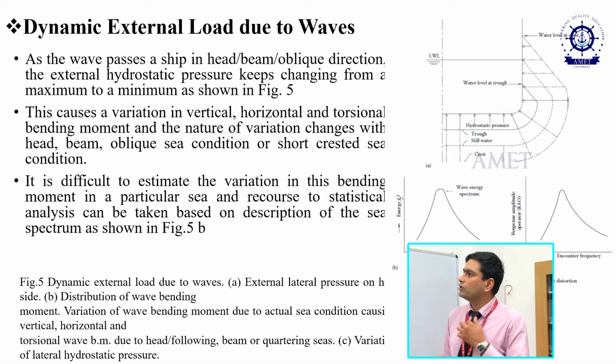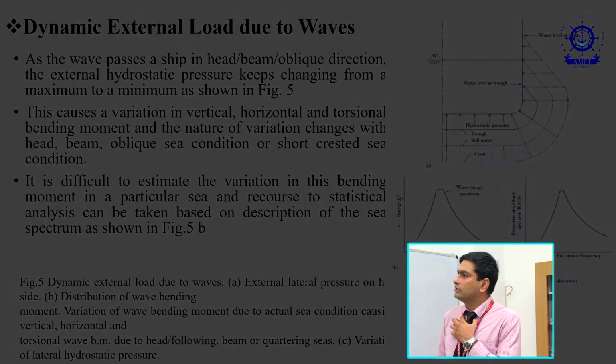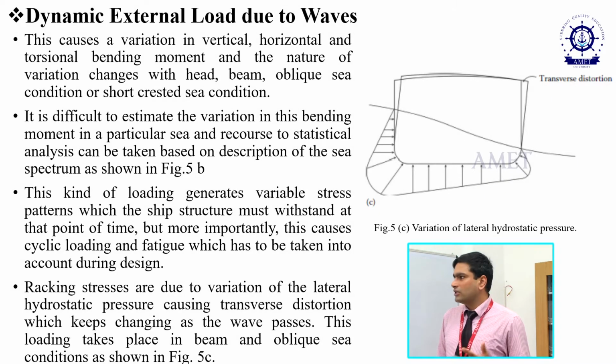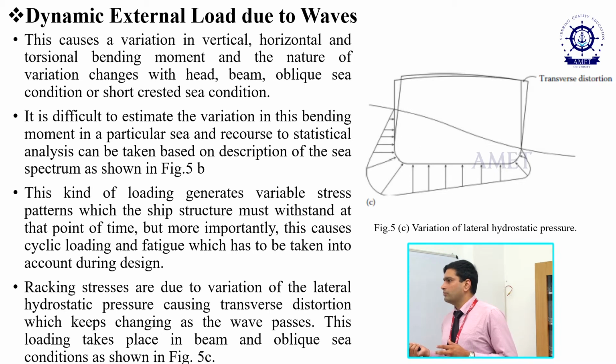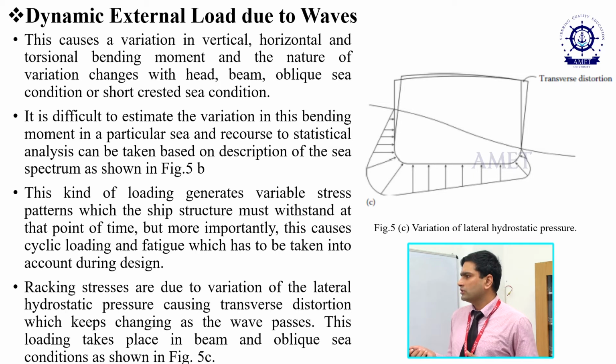When the external load is acting onto the ship, this causes a variation in the vertical, horizontal and torsional bending moment. It is generally seen that it is very difficult to estimate the variation in the bending moment in a particular way in a sea.